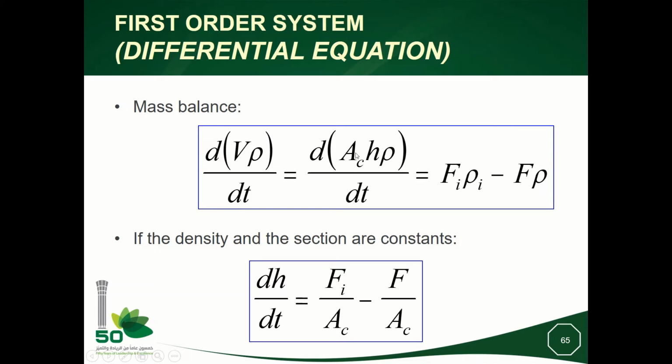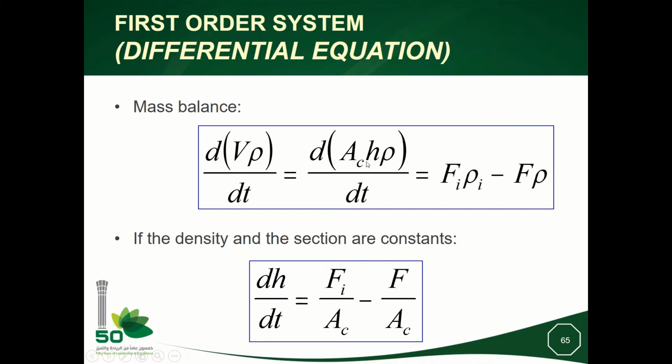So h times Ac will be the volume, times rho will be mass, and the variation of the mass is equal to the flow in minus the flow out. Now if I don't have any variation of h, it means the flow in will be equal to the flow out, which is exactly the well-known continuity equation.